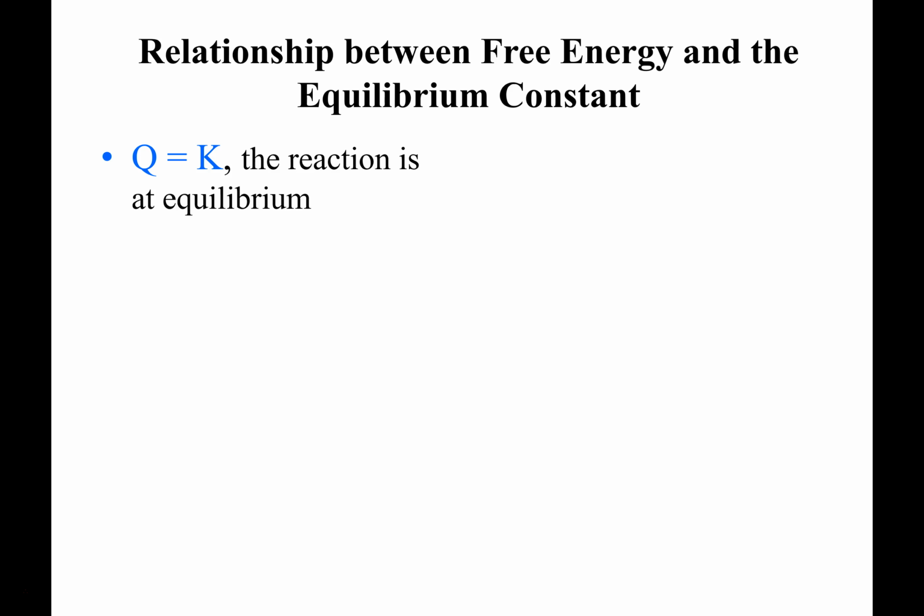But anyway, remember that Q is the snapshot. When Q, or Qc, is equal to your equilibrium constant, then it's at equilibrium. We have a similar situation where when delta G is equal to 0, it's also at equilibrium. And in a minute, I'm going to actually link delta G and Q.